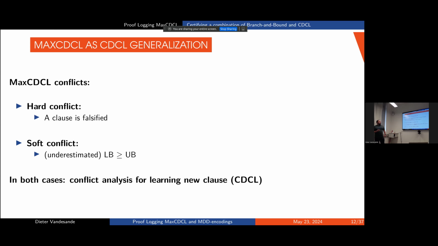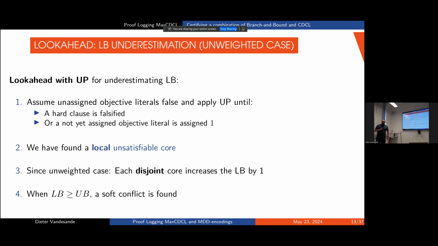So how does this look ahead work? Well, we are in a node, we have a partial assignment, and we want to see what the lower bound of the objective value is in this node. So we try to assign all of the not yet assigned objective literals to false.